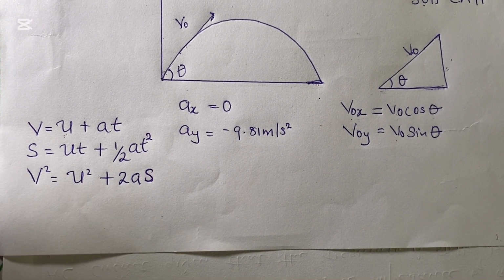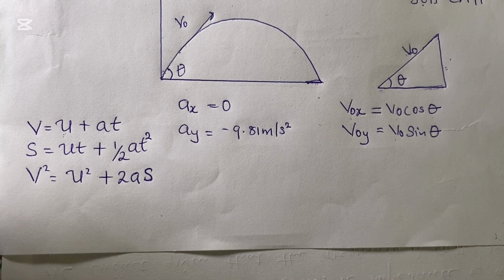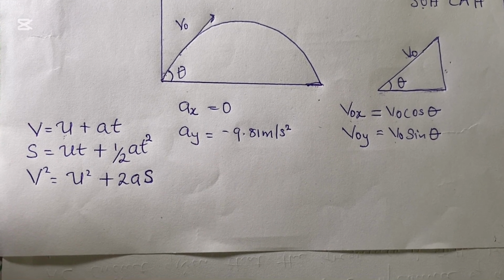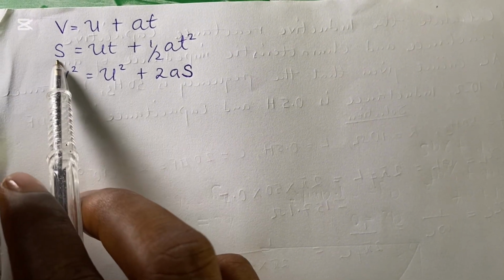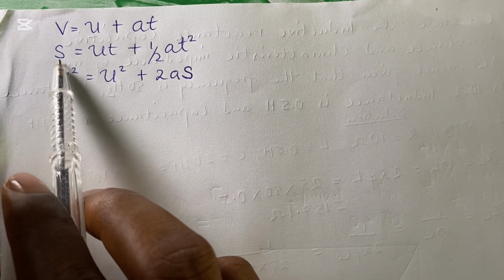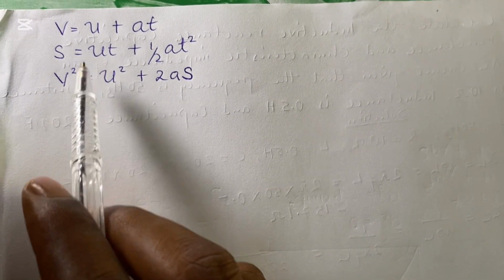So you just need to understand how to use these equations, whether you are considering the y-axis or the x-axis. Remember, in this equation, this is change in position, that is displacement. Now let's try to write this equation for both horizontal motion and vertical motion.